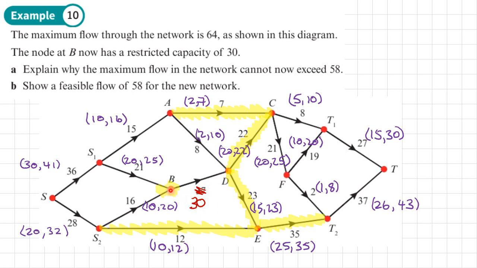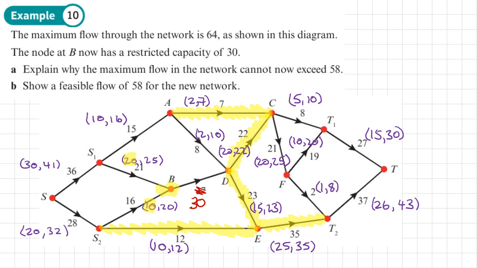Since I can only have a maximum of 30 going through B, I can only have a maximum of 30 going in to B. So that means that these two arcs, S2B and S1B, need to be at their minimums here. You can see them there, 20 and 10 to make the 30.